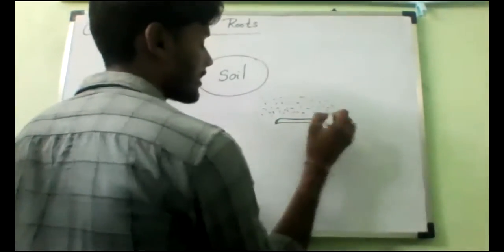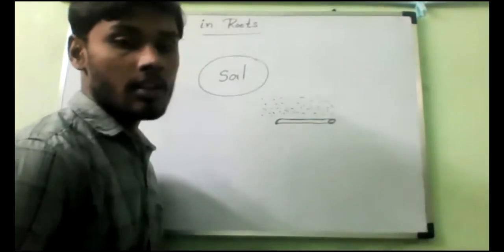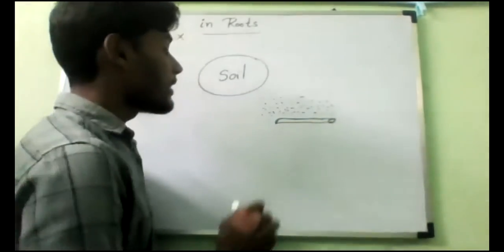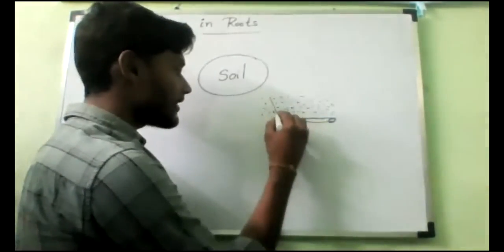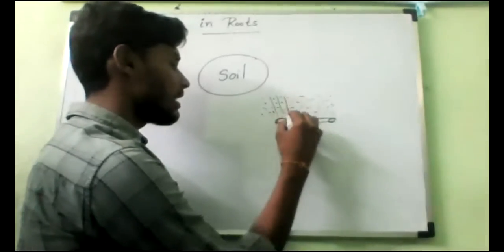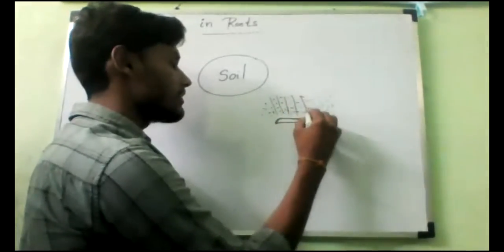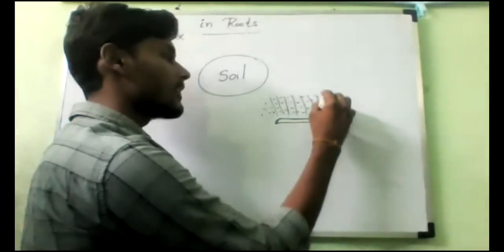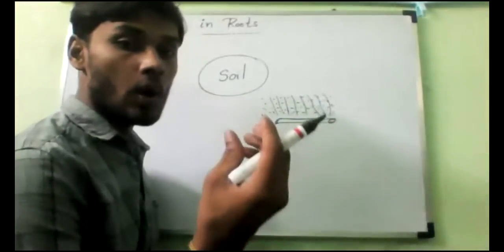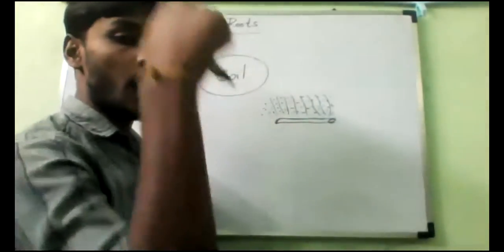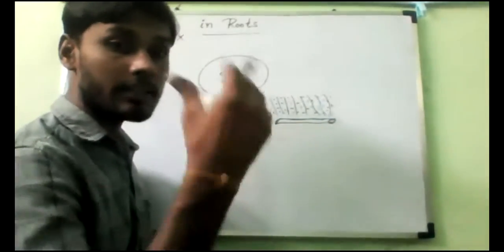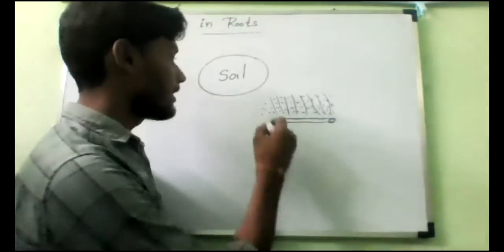So how are they sustaining inside the soil? Because the soil is a porous medium, having holes, it will allow the air to pass, not deeper inside the earth, but till a certain level.